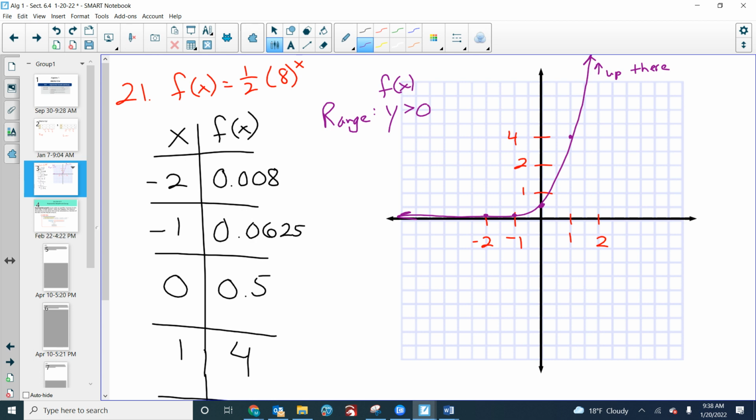Other homework questions? Excellent. Yes, 13. Plug in 2. What's 5 squared? 5 times 5 is 25. Wait, why is it so negative? Hold on, I'm not there yet. I'm sorry, it's negative 4.